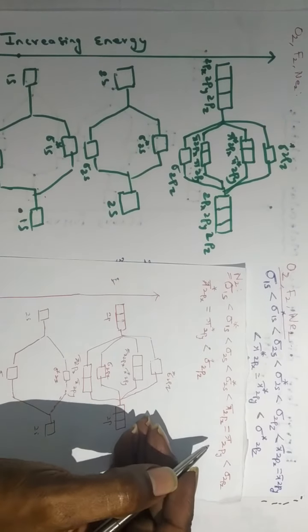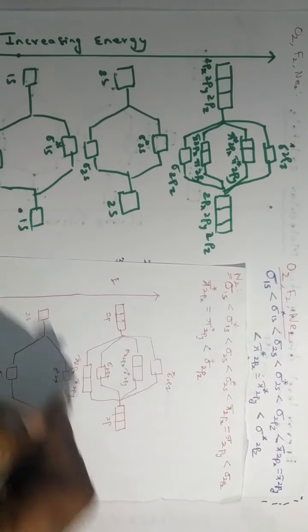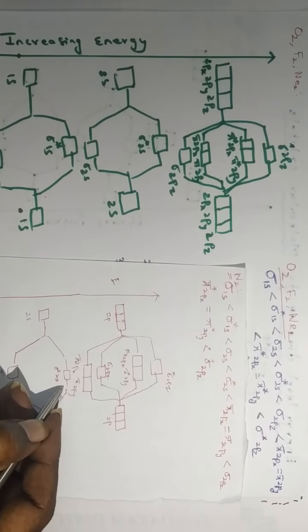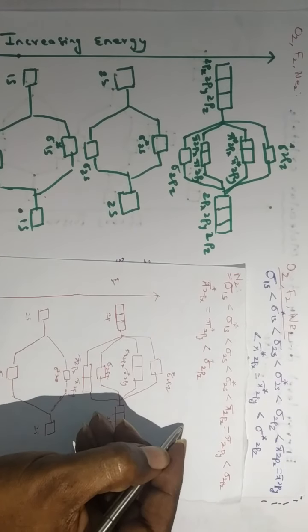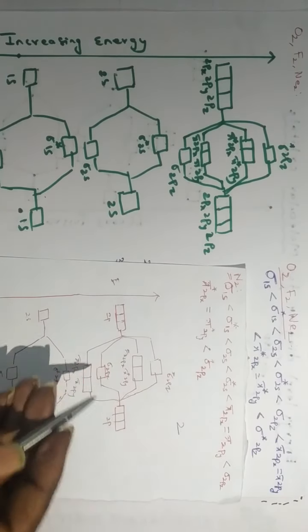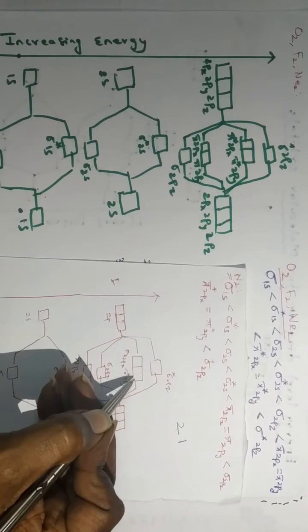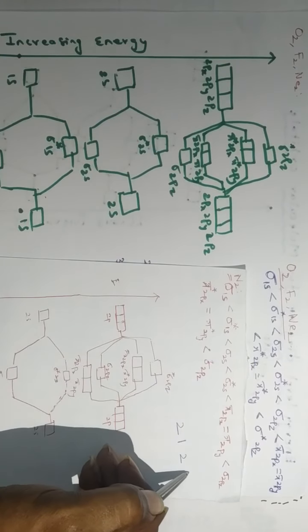In order to remember this in a simple way, in the case of boron, carbon, nitrogen, after sigma star 2s you have pi 2px, pi 2py, which you can remember as 2. Then sigma 2pz is 1. Then pi star 2px, pi star 2py is 2, and sigma star 2pz is 1.